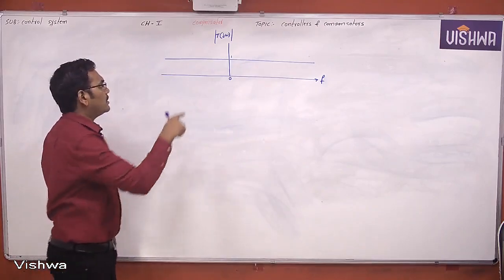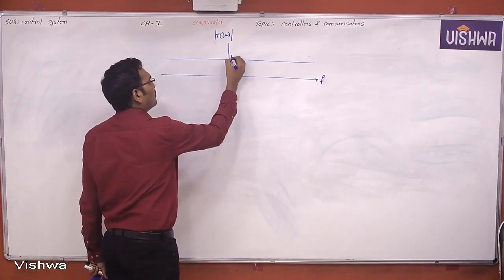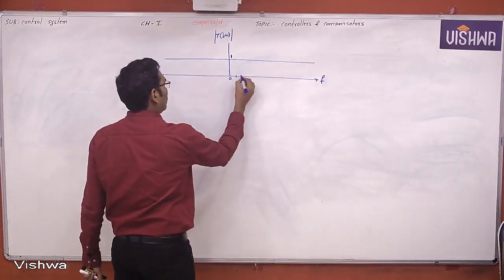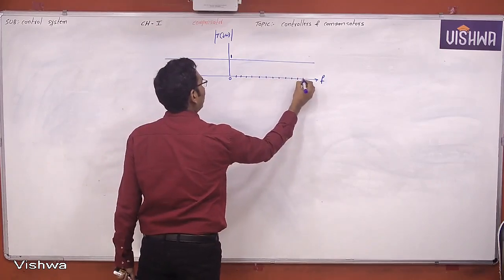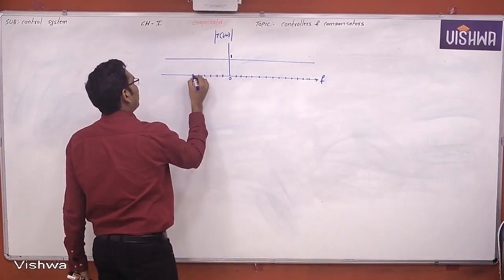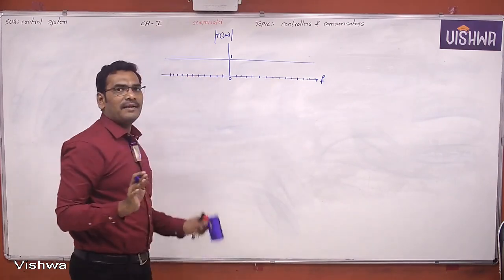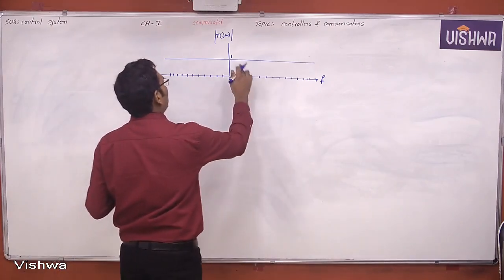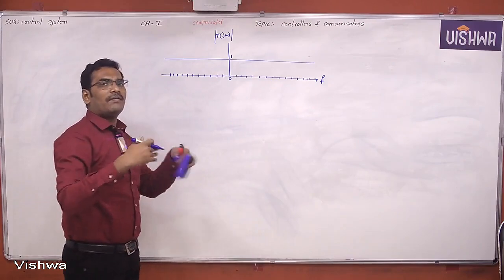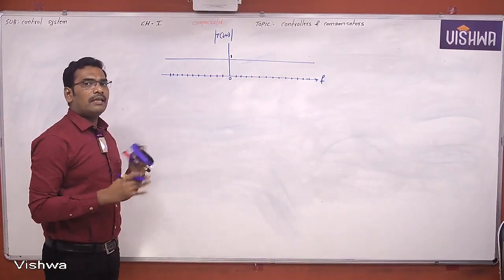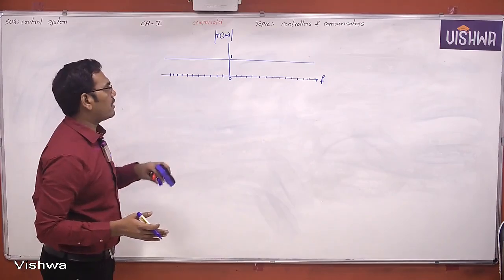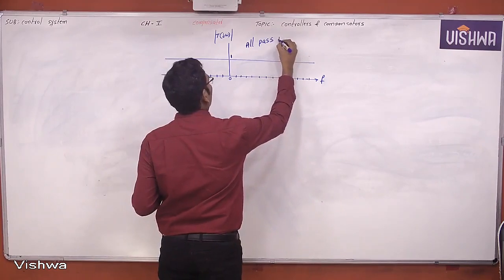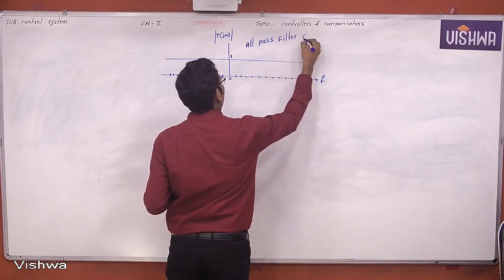This gain is equal to 1 for all the frequencies, meaning it will allow all frequencies, because for all the frequencies the gain is multiplied with 1. Generally pass band means gain is multiplied with 1, stop band means gain is multiplied with 0. But for all the frequencies the gain is multiplied with 1, meaning all frequencies are allowed, right? Then no frequency is attenuated. Therefore this is called as all pass filter characteristics.